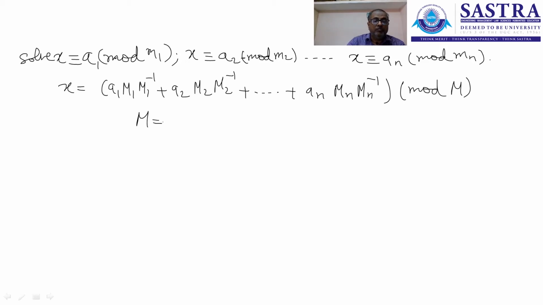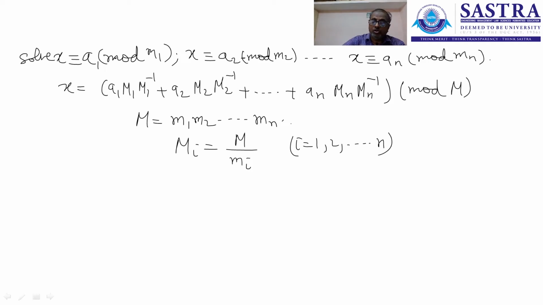So now what would be M? M would be M1 M2 so on Mn, and Mi would be M by mi, i equal to 1, 2, 3 so on up to n. So now what you have to do is find A1, A2, An, find capital M1, capital M2, capital M3, and find M1 inverse with respect to the corresponding mod function, and then you can find the solution like this.